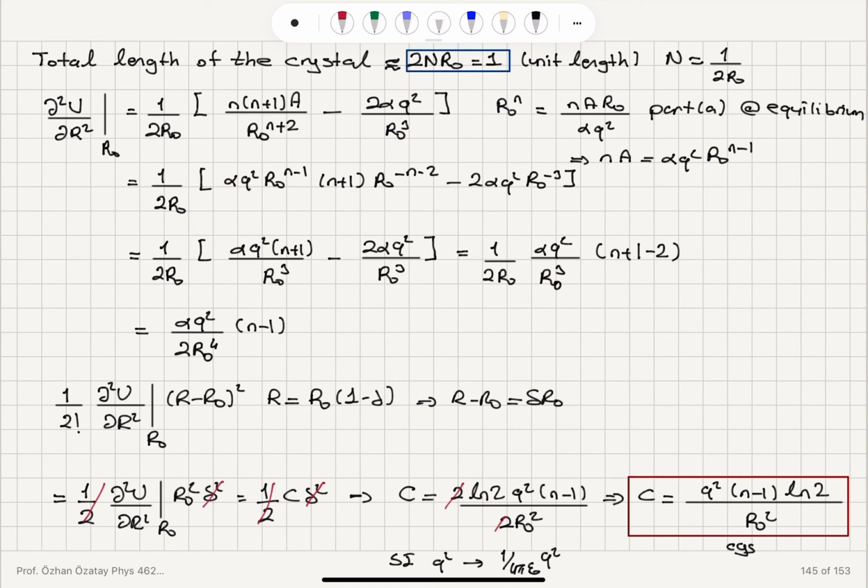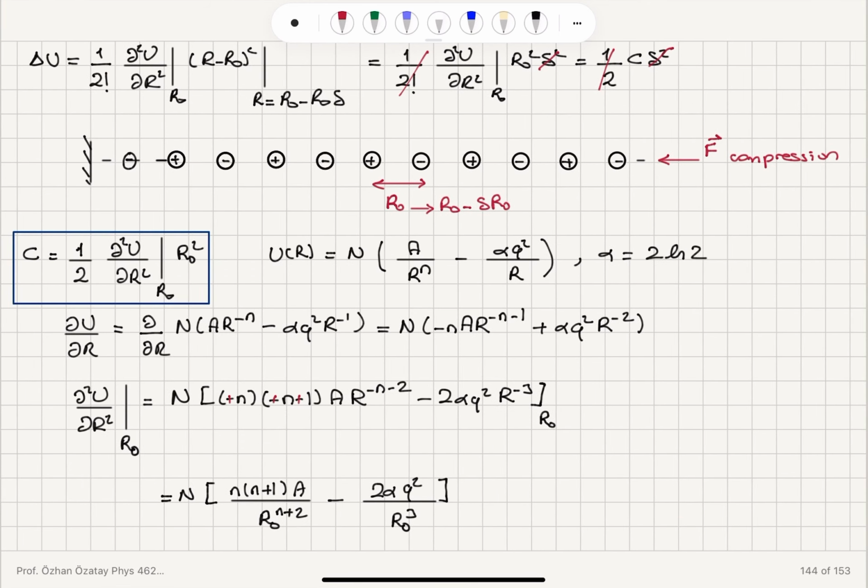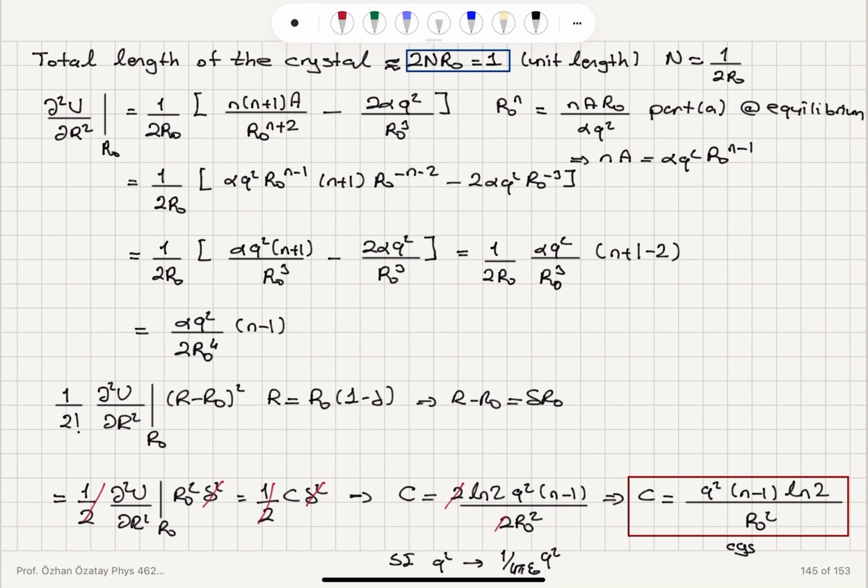So n is 1 over 2 r0, and if we substitute for n 1 over 2 r0, and for r0 to the power n and a r0 over alpha q squared, the answer we had from part A, we obtain alpha q squared over 2 r0 to the fourth power n minus 1. So if we substitute for alpha 2 log 2, we obtain our final answer for C in CGS units, and in SI we have to replace q squared with 1 over 4 pi epsilon 0 q squared.